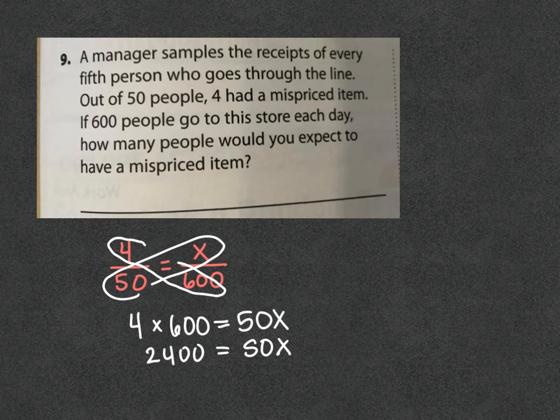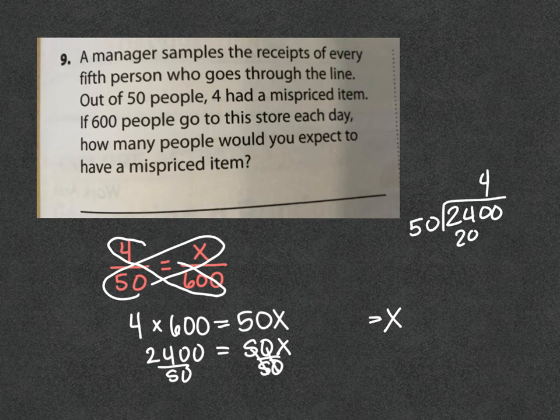My variable is x. I want him isolated. I'm going to do the opposite of multiply by 50 and divide by 50 on both sides of my equation. That leaves me with x isolated, and I just need to do my division. 2,400 divided by 50. That's going to be a 48.